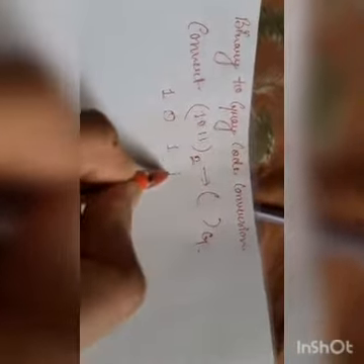1011 binary into a gray code, so we have to do this. We have to write the first digit as it is, then now we will add this digit to the next.